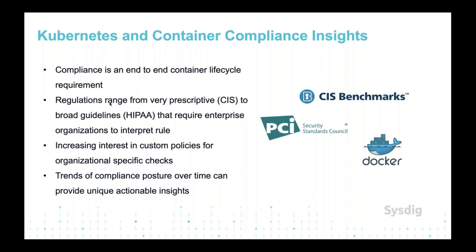Is my control plane in Kubernetes compliant? Am I making sure that my runtime configurations follow best practices and compliance processes? And finally, can I do auditing and forensics to show that nothing's violated PCI or other frameworks?